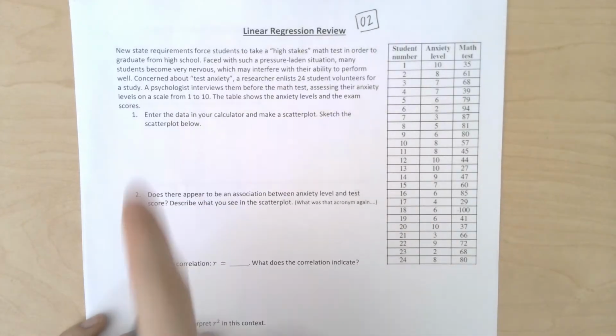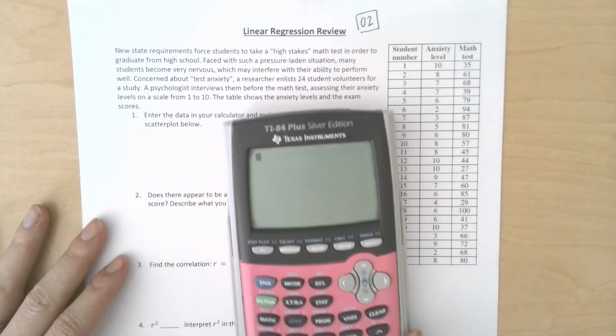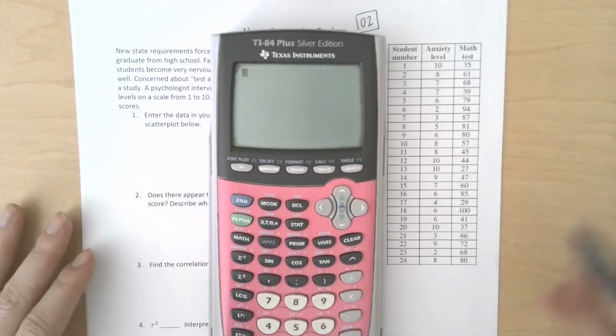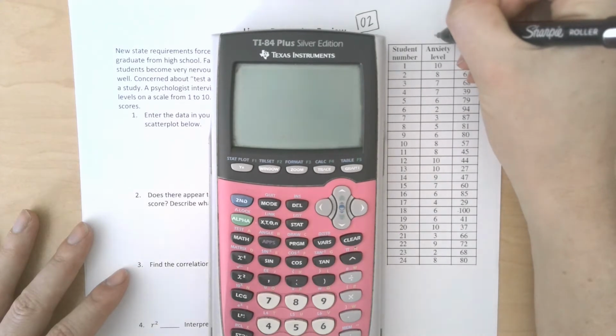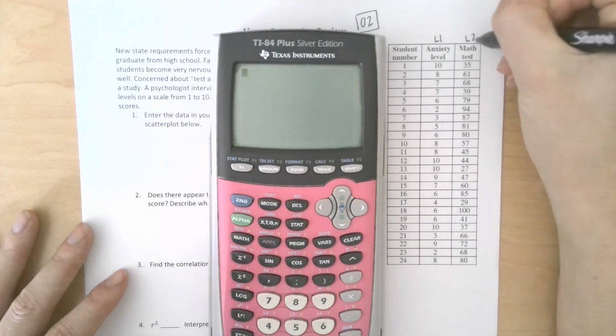So the first thing that we want to do is enter the data into our calculator and make a scatter plot. Once we have the scatter plot on our calculator, we'll go ahead and sketch it below. I'm going to put anxiety level in L1 and math test in L2.